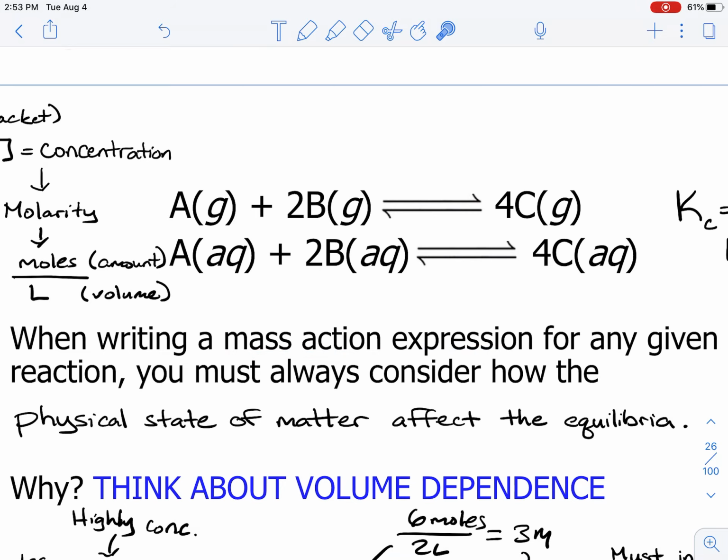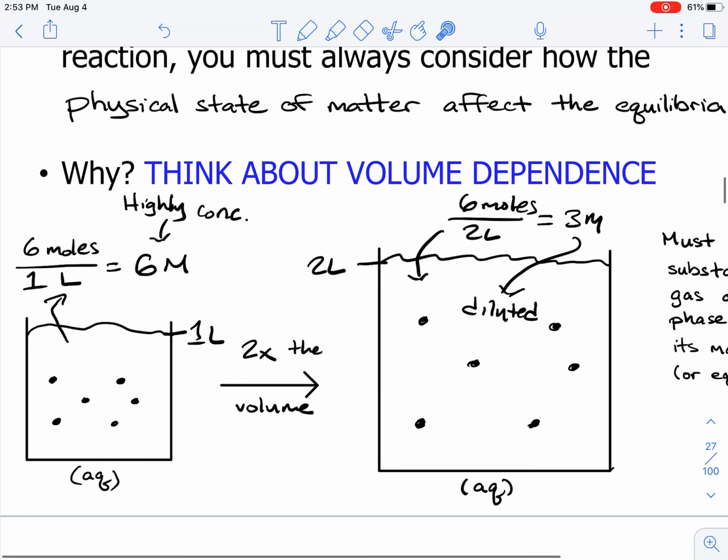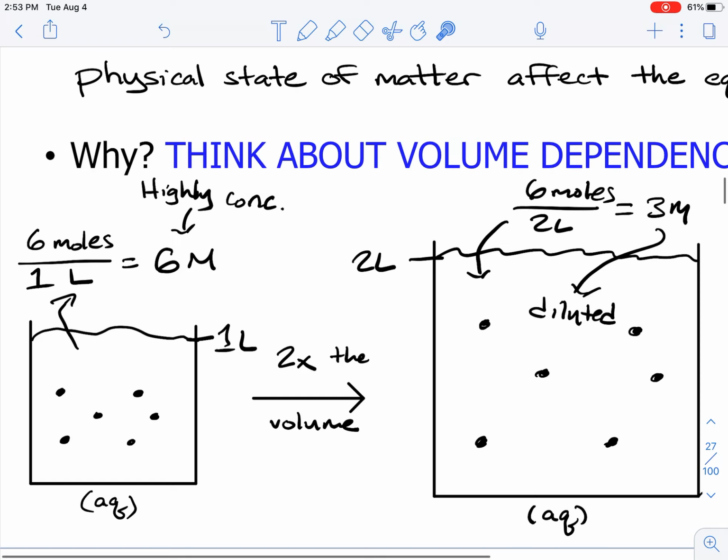So there are 2 physical states of matter that we have to pay close attention to, and that's aqueous and gas phase. And so for both of these physical states of matter, gas and aqueous phase, this effect is going to be observed. And so, for instance, instead of saying that this is aqueous, we can say that this is gas in phase.